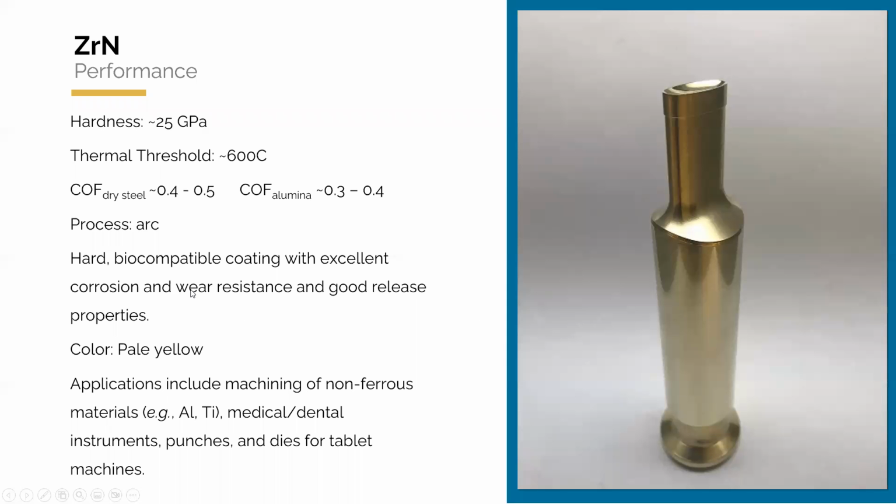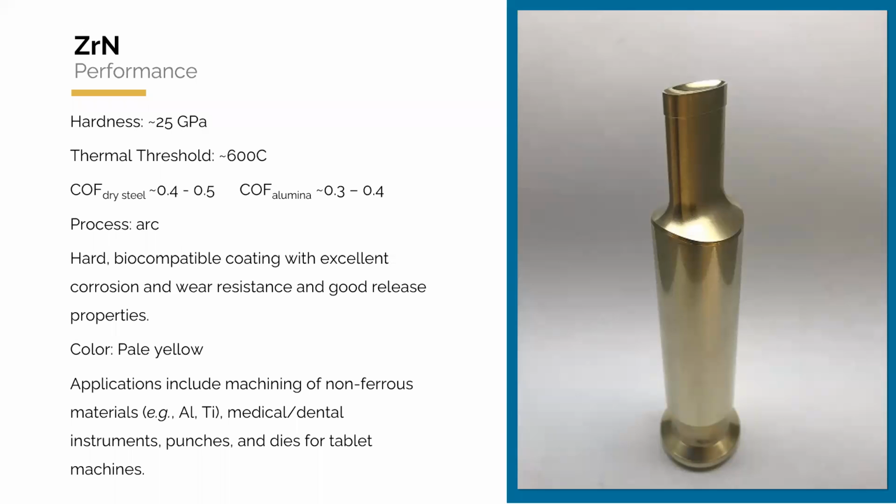And interestingly enough, you can use the same material in a performance application in which you're not too concerned about the color, even though it may be indicative of what the coating itself is, but really you're looking at the properties of that. Zirconium nitride is used extensively in implants, be it dental or prosthesis.